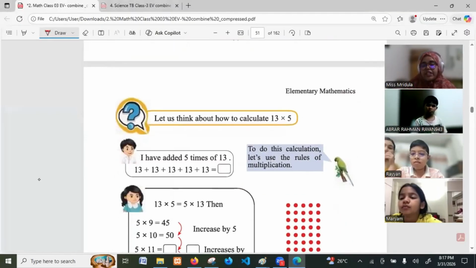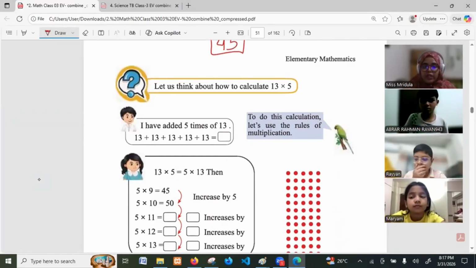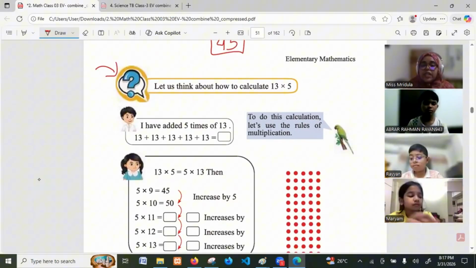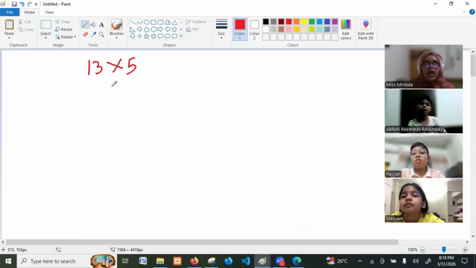Okay, so we are done with page number 44. We are starting page number 45. What have they said? Let us think how to calculate 13 times 5. Acha, when we are doing any multiplication, 13 times 5, we can group them in two ways.